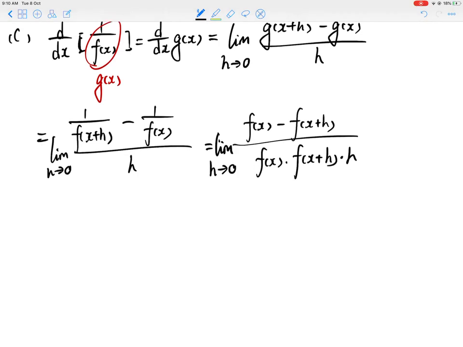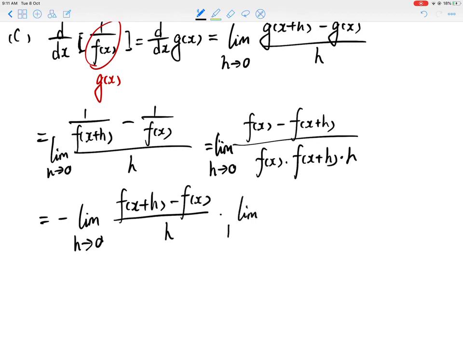Now this part looks like the definition of f prime x, but the order should be f(x plus h) minus f(x), that is, the later term should come after the negative sign. So you want to exchange the positions, and to do that you put a negative sign in front. So it's negative the limit of f(x plus h) minus f(x) over h, times, and here I can separate the limit, the limit as h approaches 0 of 1 over f(x) times f(x plus h).